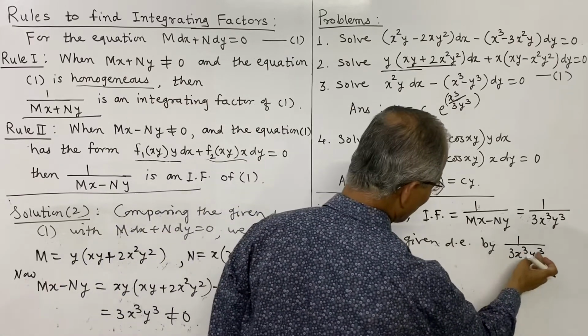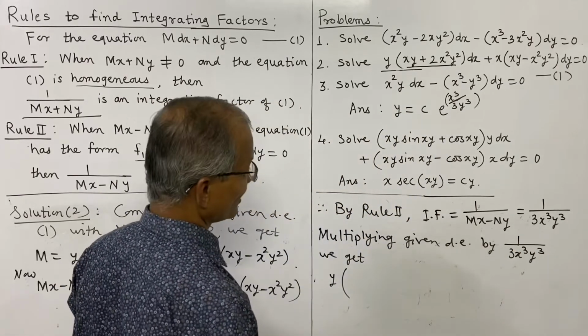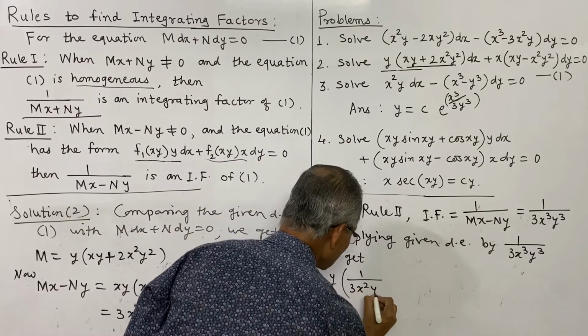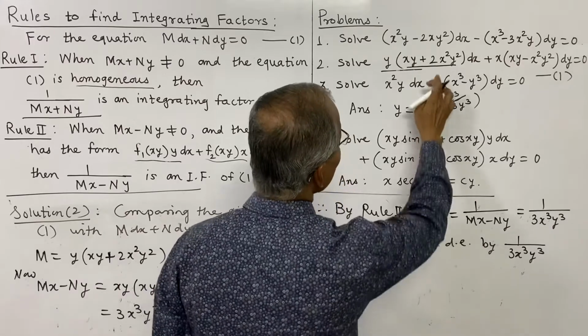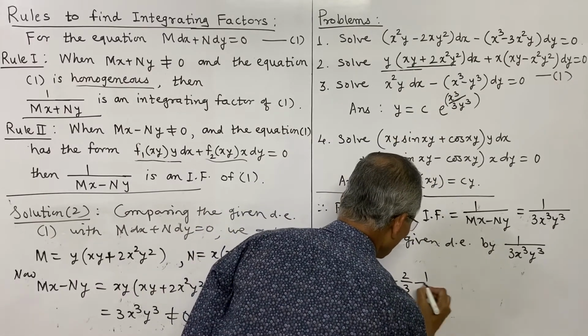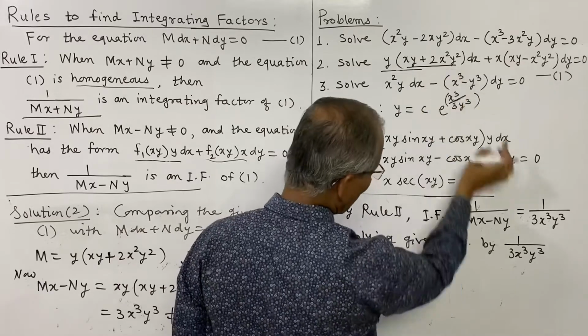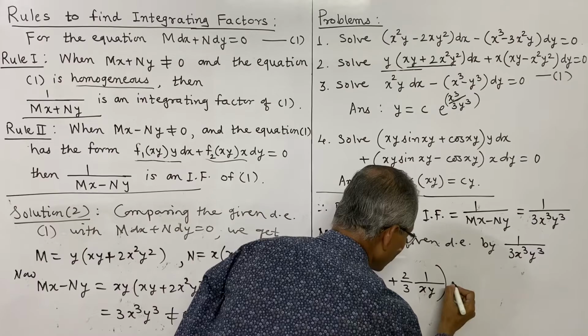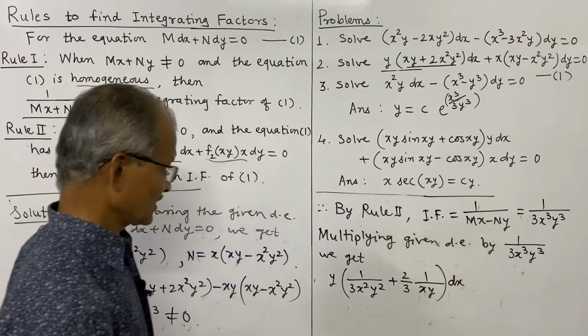One power reduces here, and we get first term as 1 upon 3 x square y square, plus here it is 2 by 3 separate, and 1 upon here is square power, cubic power, so a single power remains at denominator into dx, first expression.